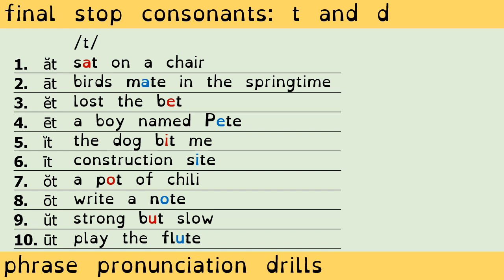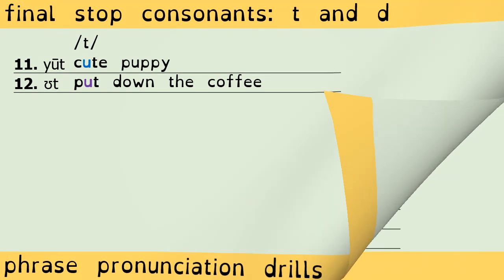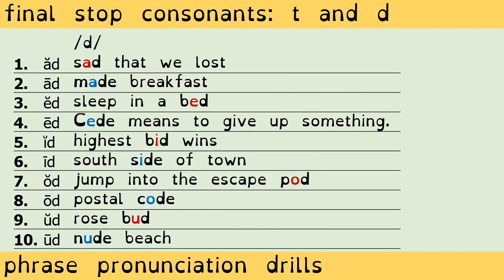Oot, play the flute. Okay, 2 more. 11. Ute, cute puppy. 12. Ut, put down the coffee. Let's continue with the final D sound.